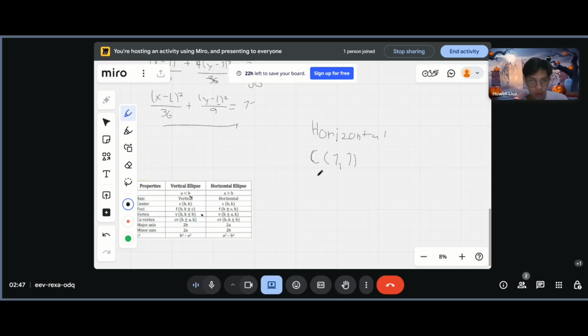And for the foci, you have to consider the A and B. So A is the square root of 36, which is 6, and B is the square root of 9, which is 3.